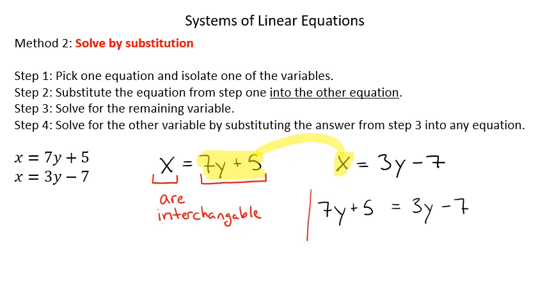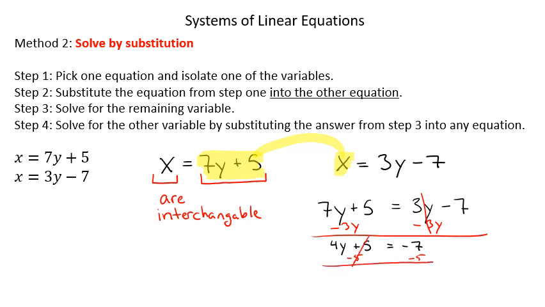So now here's an equation, solve for y. We can subtract 3y from both sides of the equation, cancel off those 3y's from the right. So we got 4y plus 5 is equal to negative 7. Let's get rid of that plus 5 on the left, so we subtract 5 from both sides.